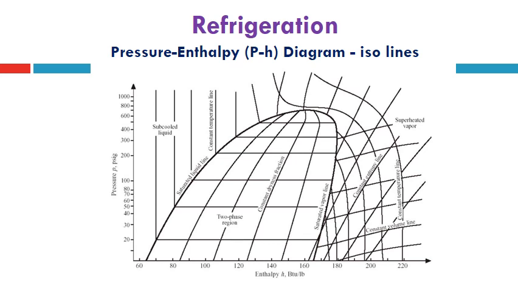Also, the constant isentropic lines are shown with slope in these directions to show the constant entropy lines.